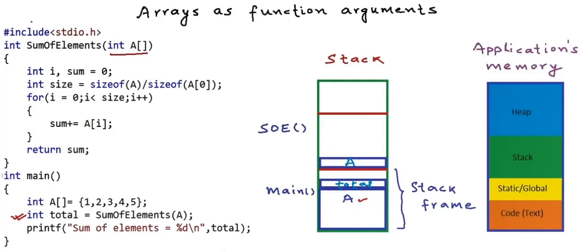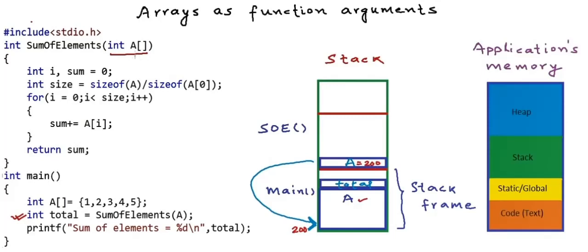So in this case it will be a pointer to integer, and the compiler just copies the address of the first element in the array of the calling function. So let's say the address of the first element in this array a that belongs to the main method is 200. So in sum of elements, all that happens is a pointer to integer is created and the value in this pointer to integer is 200.